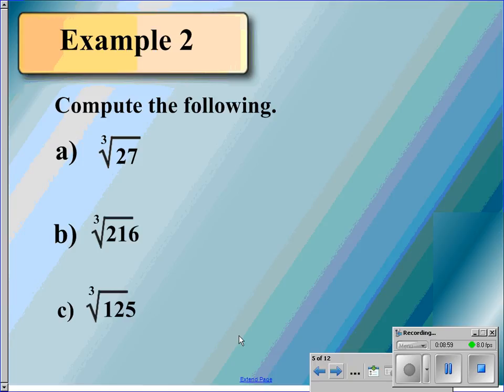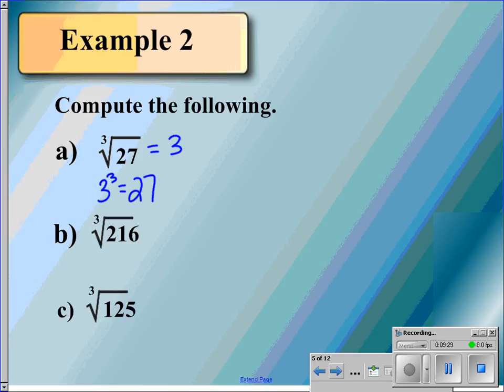Now let's practice computing cube roots. The cube root of 27. What integer can I multiply by itself 3 times and get 27? Lawrence? 3. Okay. 3 cubed is 27. So the cube root of 27 is 3.